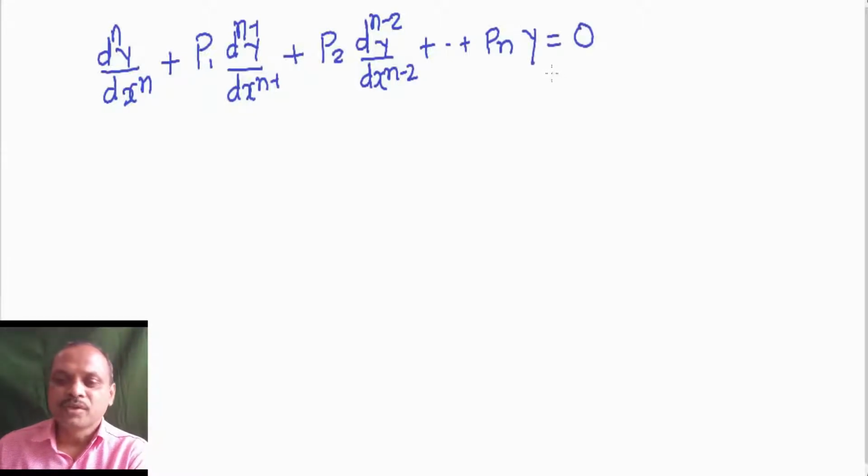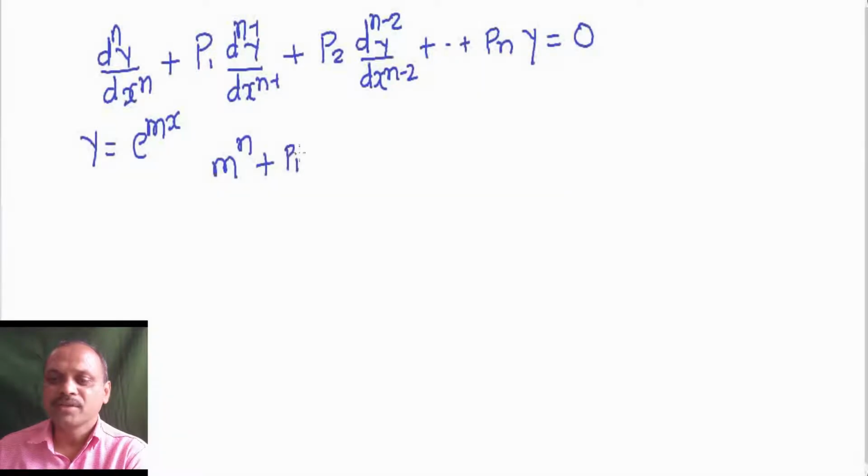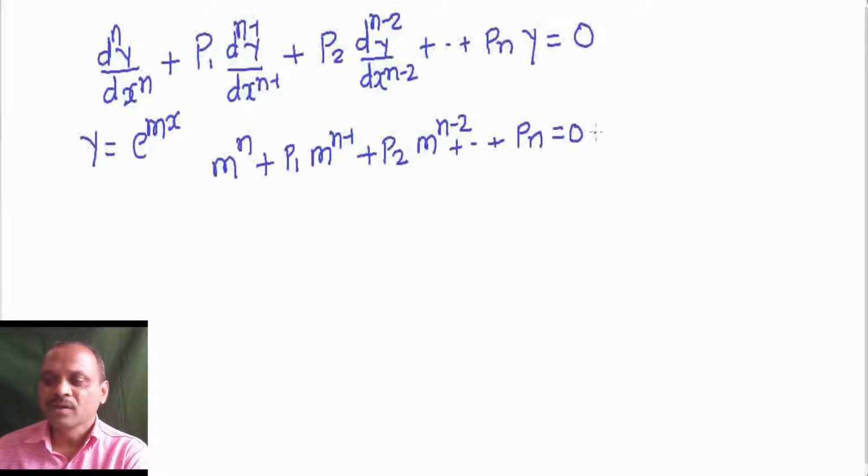When we put y equal to e raised to mx, then we get m^n + p1 m^(n-1) + p2 m^(n-2) + ... + pn = 0. This is an auxiliary equation.